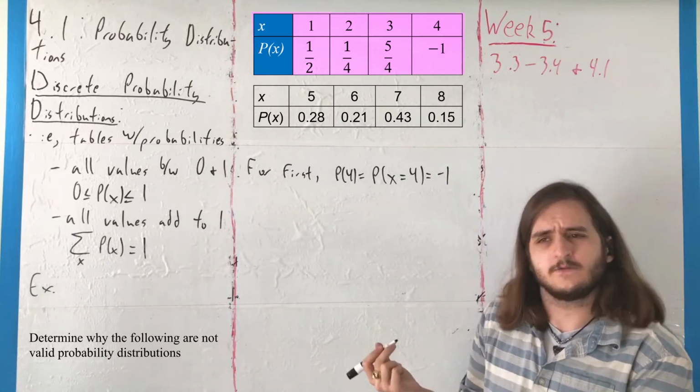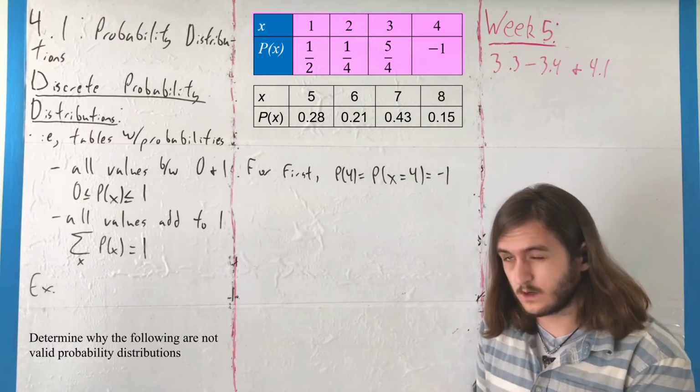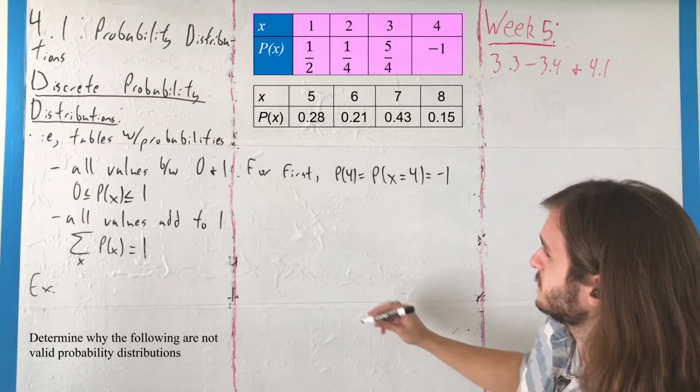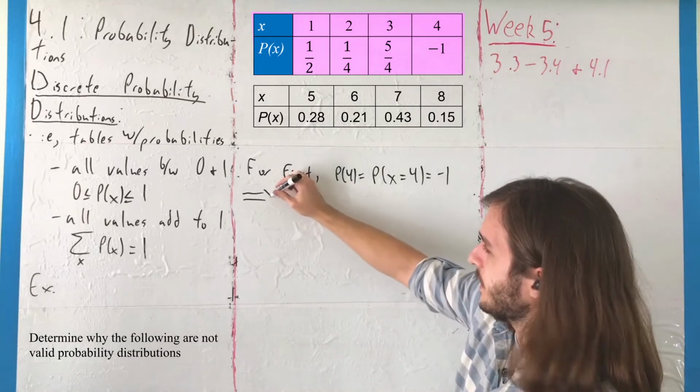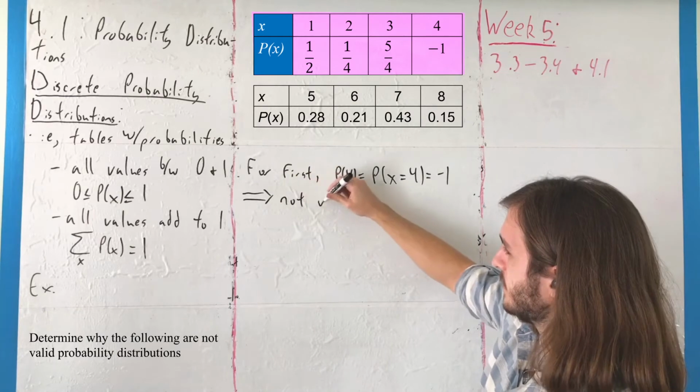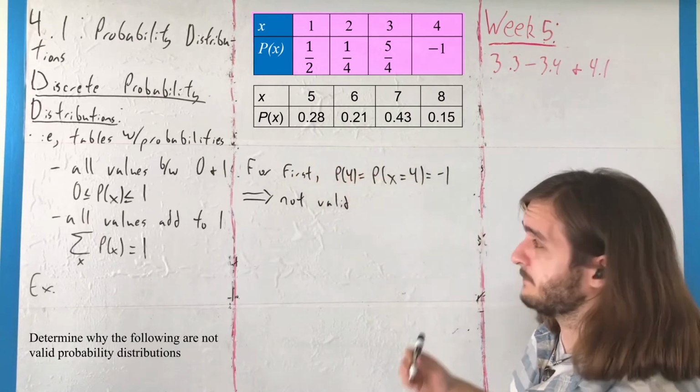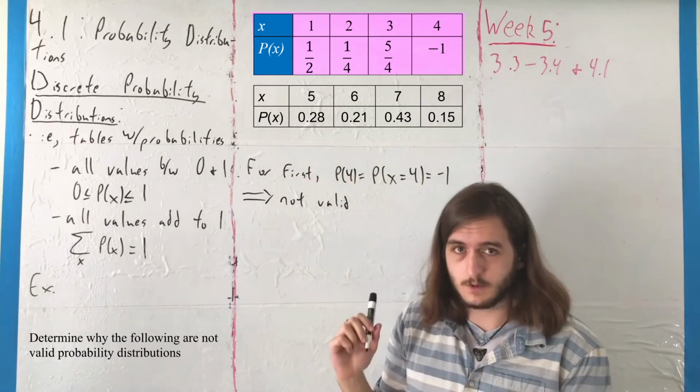You can't have a negative chance of something happening. It just doesn't work. So, that's why this is not valid. Regardless of what happens with the sum of values, we've got one that's too small.